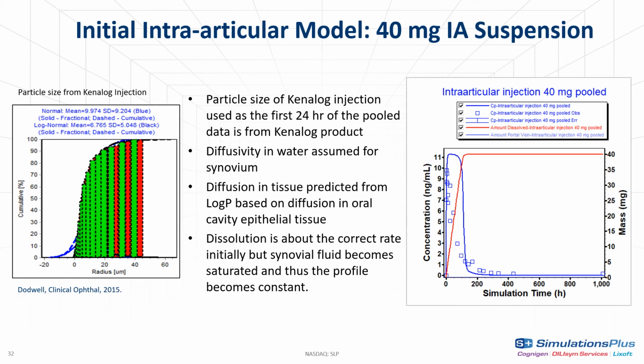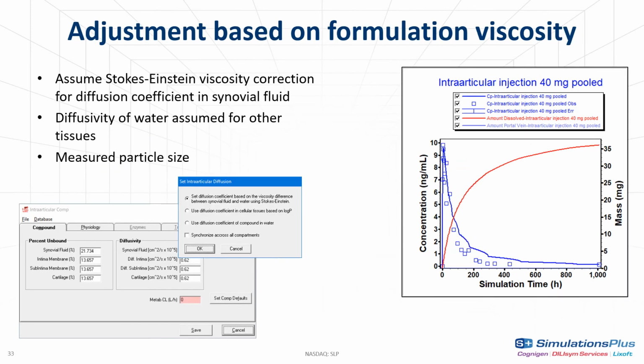You can see that initially we saw about the correct rate of compound entering the systemic circulation, but then the synovial fluid became saturated. This caused a plateau in the simulation of the plasma concentration that was not present in the experimental data.